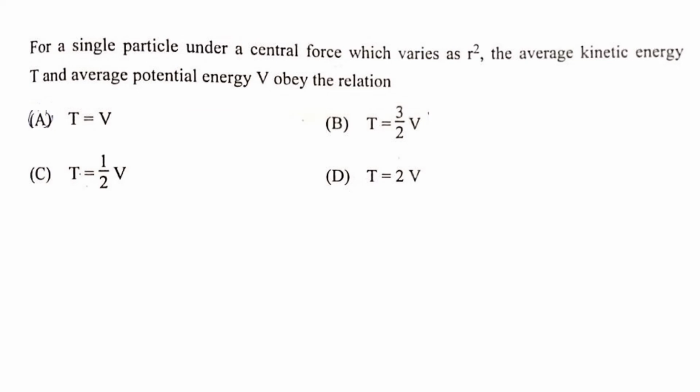For a single particle under a central force which varies as r square, the average kinetic energy T and average potential energy V obey the relation. So under central force, we know the virial theorem.